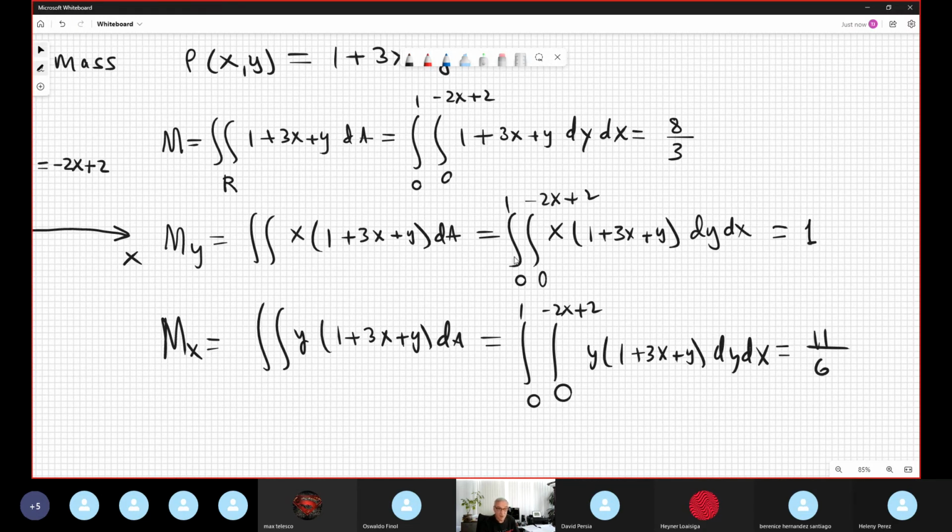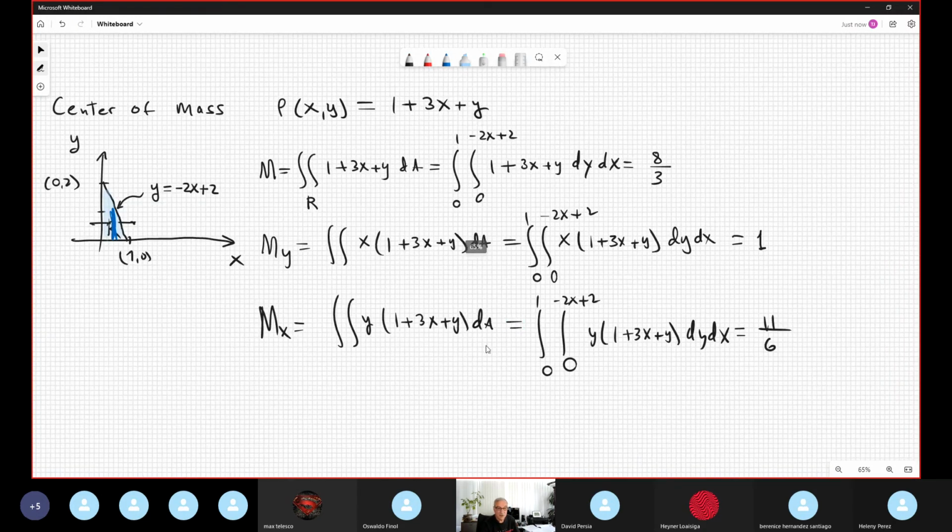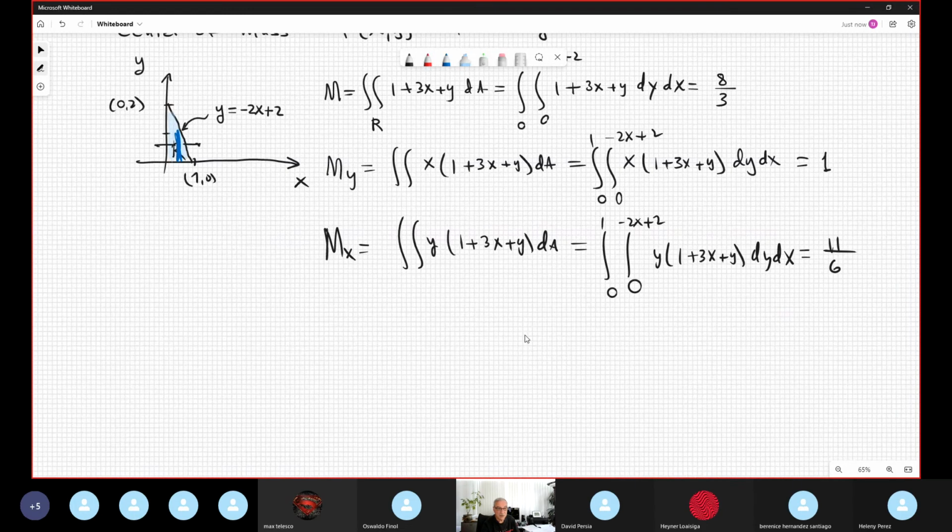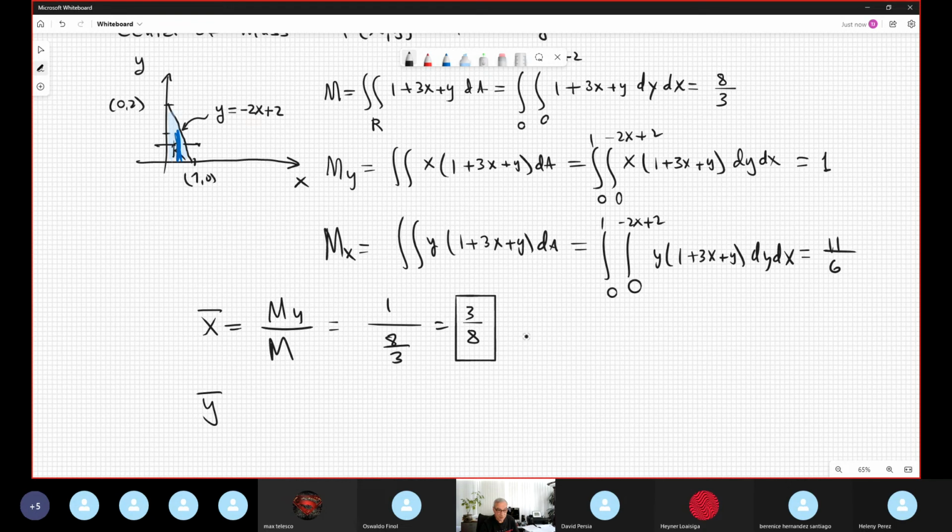Okay, first of all, now finally, by definition, the center of mass is x hat equals Ny divided by m, which is 1 over 8 over 3, is 3 over 8. Boom. And y hat is Nx divided by m, which is 11 over 6 divided by 8 over 3.